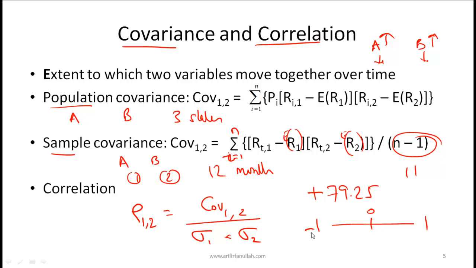And a correlation of -1 means that if one stock goes up, you can be sure that the other one goes down. So generally we use the correlation, but as you can see, the correlation can easily be derived if you are given the covariance.